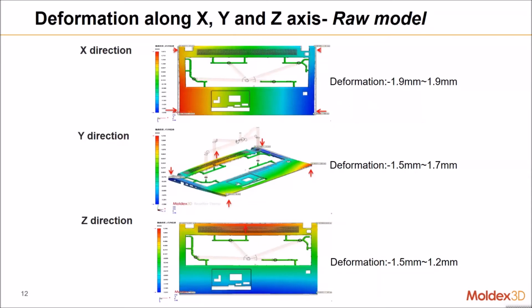The Y direction is minus 1.5 millimeter to 1.7 millimeter, and the Z direction is about minus 1.45 millimeter to 1.2 millimeter. This kind of value cannot be accepted by our customer because it is the front cover for a laptop. So we need to find methods to decrease the deformation value.